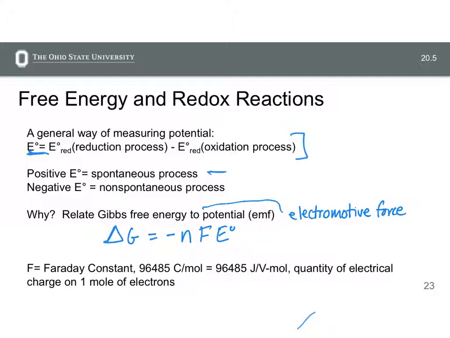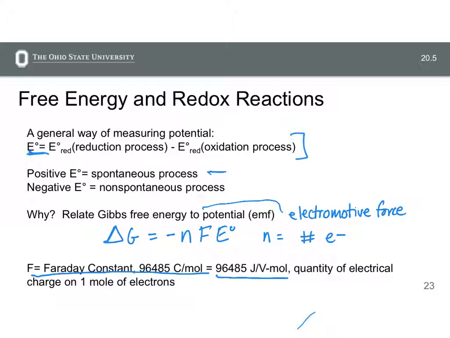So the relationship is that the free energy is equal to minus n, where n is the number of electrons, F, E naught. F is Faraday's constant, right here. So 96,485 coulombs per mole. This is another term. If you convert coulombs to joules per volt, it's 96,485 joules per volt mole.